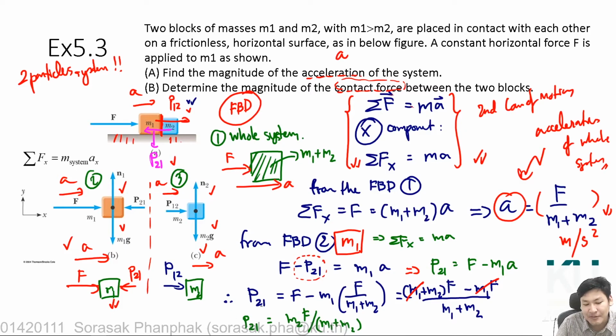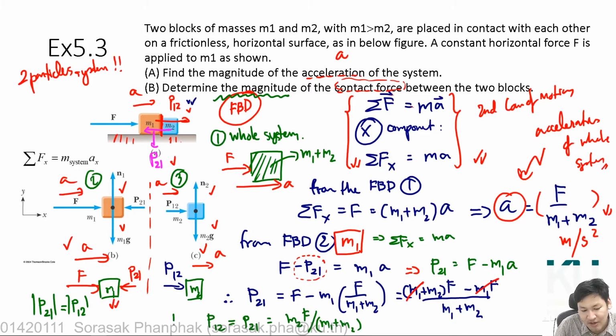If you would like to determine P12, you already know that P21 is equal to P12 if you consider only the magnitude of it. Here they would like to consider the magnitude. So this is P21, also P12 as well.